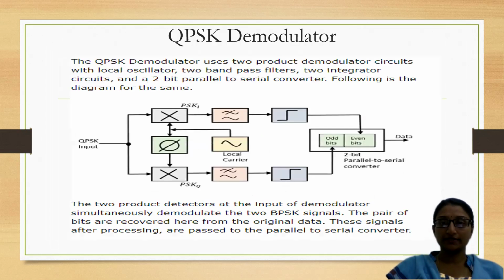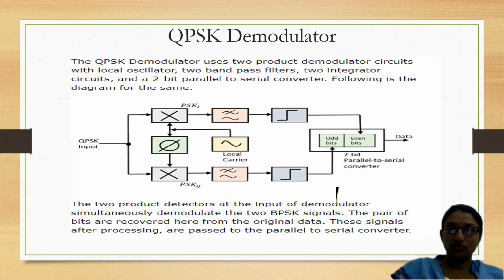This is the QPSK demodulator, where you can observe the QPSK input is given to product modulators with a local oscillator, and further they are given to integrators to get DC values, digital bits, zeros and ones. And then we give them to a parallel to serial converter.